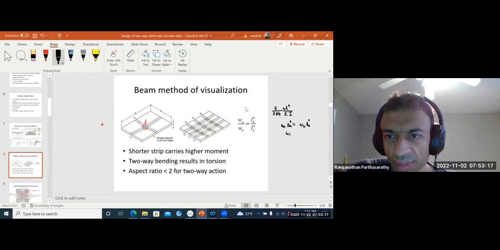Roughly. So that means WA by WB is equal to LB by LA to the power 4.